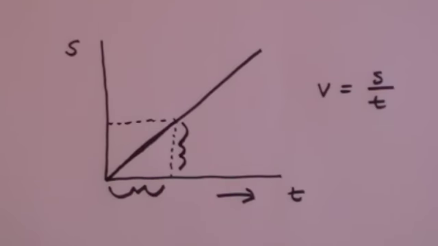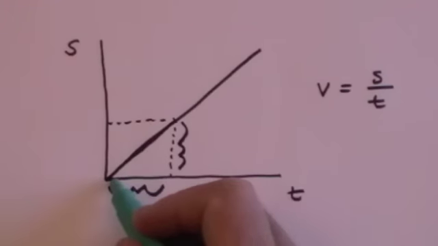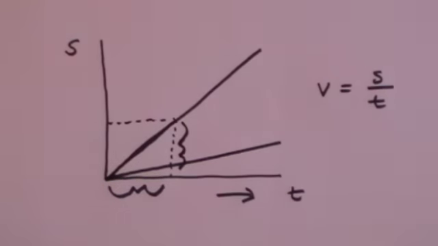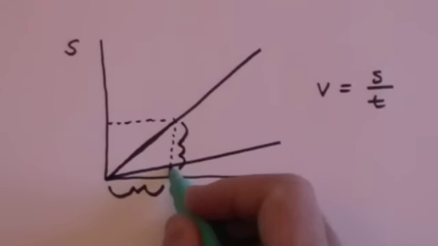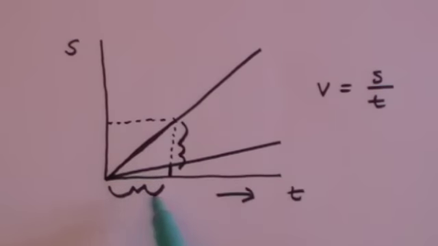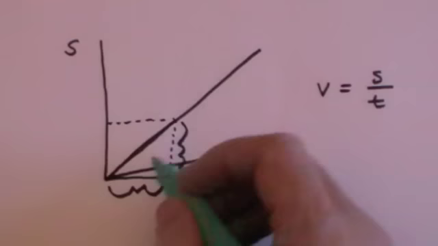And I hope you can see that the steeper the gradient, the higher the velocity. For example, that would be a very low velocity because it travels a very small distance in a particular time t.